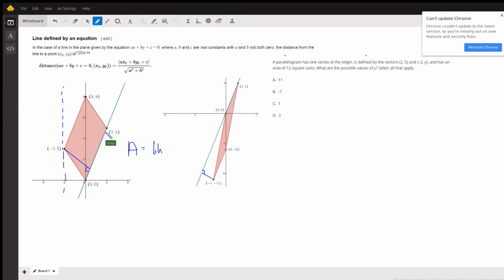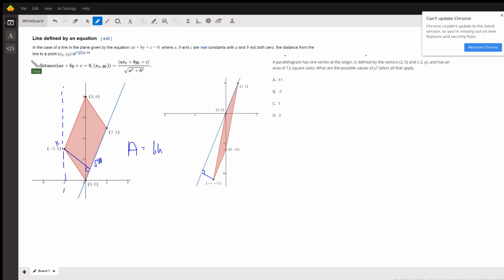And since we know that this side of the parallelogram is always the square root of 29 by the distance formula, if we could find the distance from this -2, y sub 1 to this side right here, we'd have a formula for the area. And that's going to be the key to solving this problem.